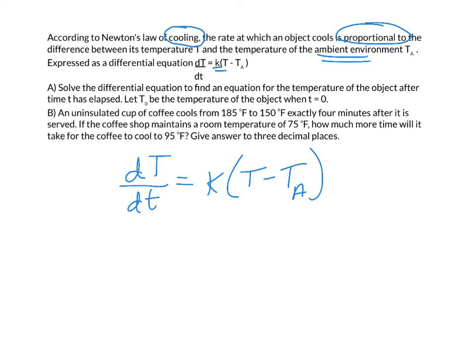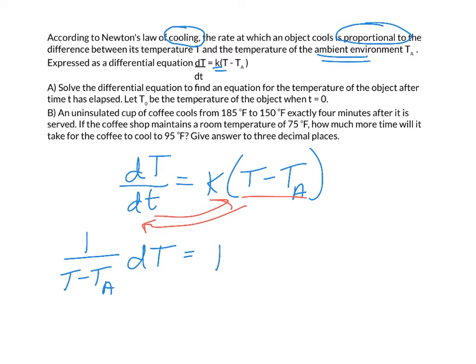So let's go ahead and switch those around. I'm going to take my dt, and I'm going to move it up over here. I'm going to take all of this, and I'm going to move it down. So I'm going to get 1 over (T - T_A) dT is equal to K dt.